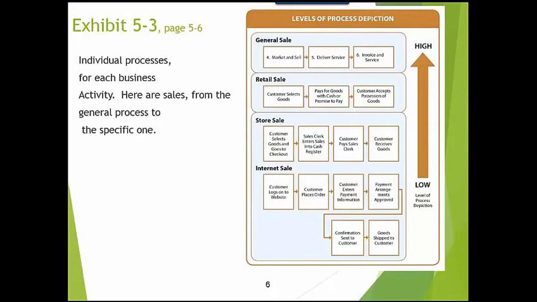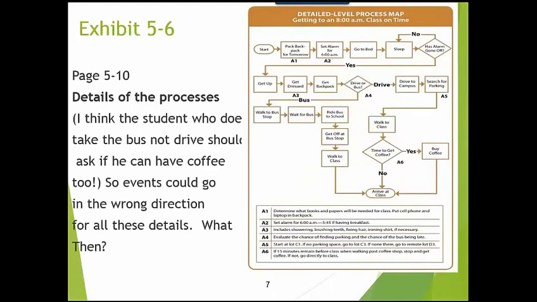So as we're looking at this, we need to have enough detail so that someone can actually come in and explain how controls come in in relationship to each of these process steps.